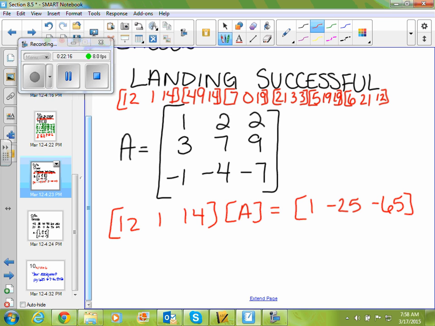If I take my second matrix, 4, 9, 14, and multiply that by matrix A, I end up with 17, 15, -9.